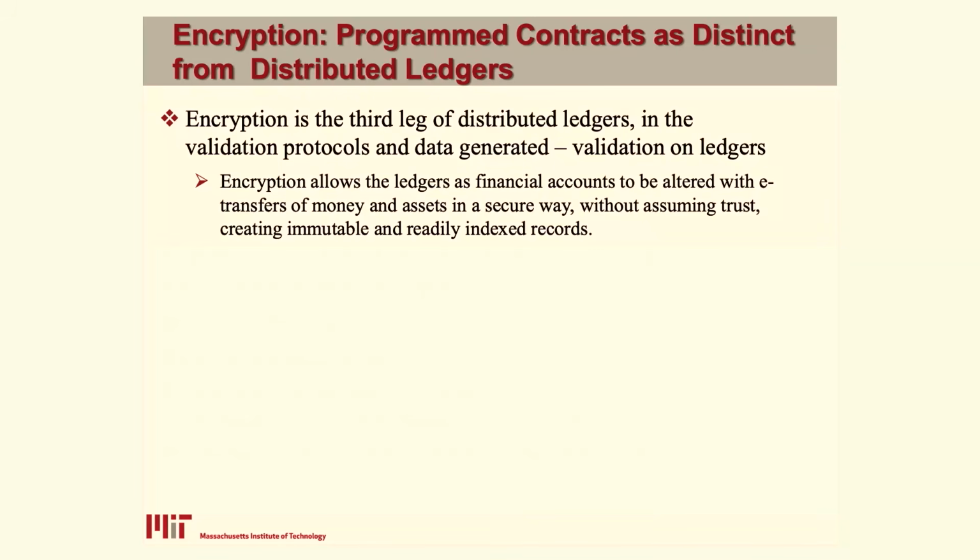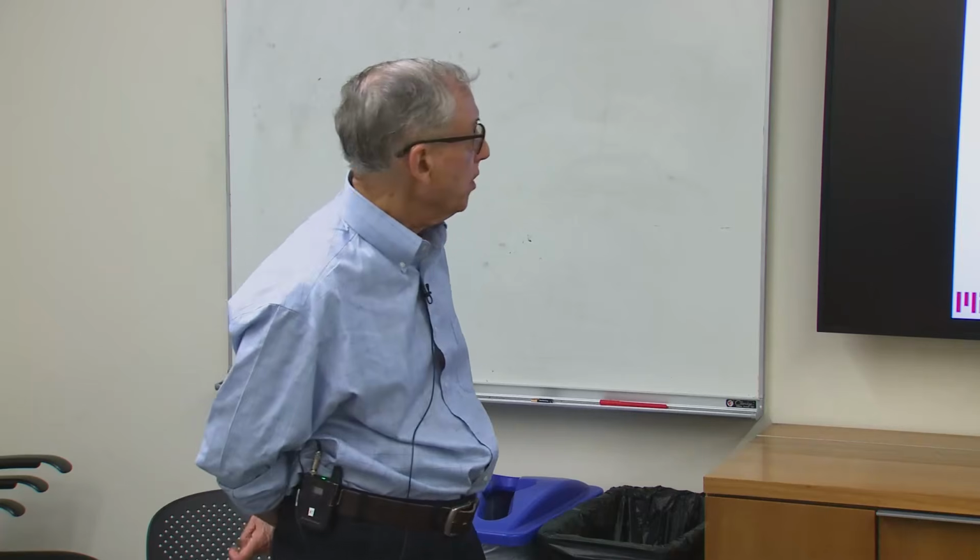Validation of the ledgers allows the financial counts to be altered with transfers of money and assets, but done in a secure way because it will be encrypted, hence no trust is necessary. And this will create immutable and readily indexed records. So that's the ledger part of it.